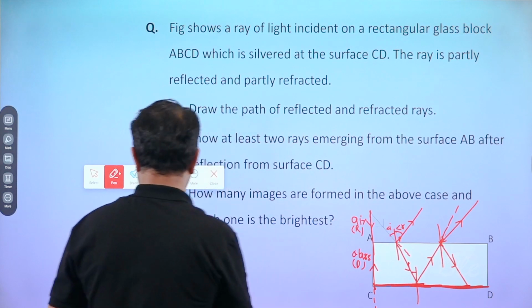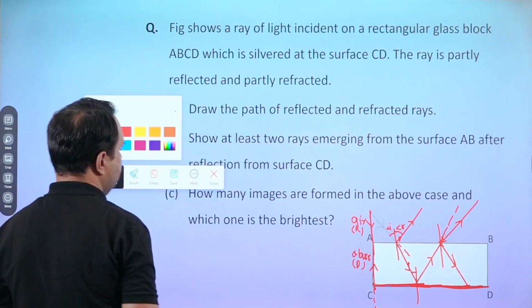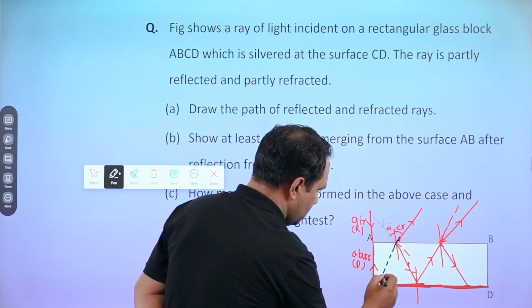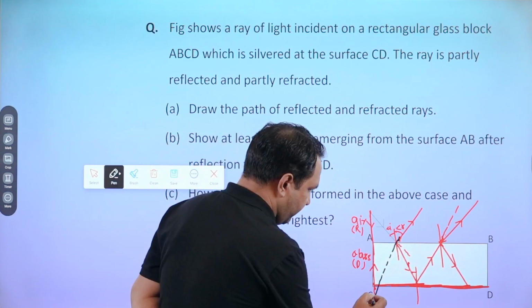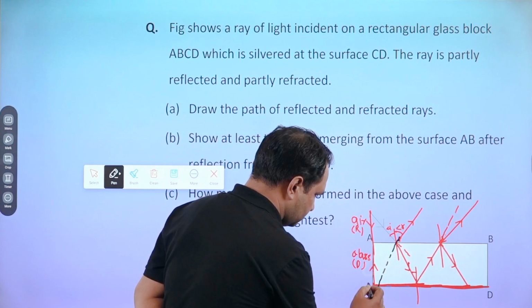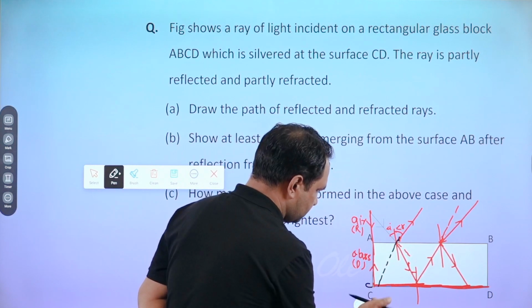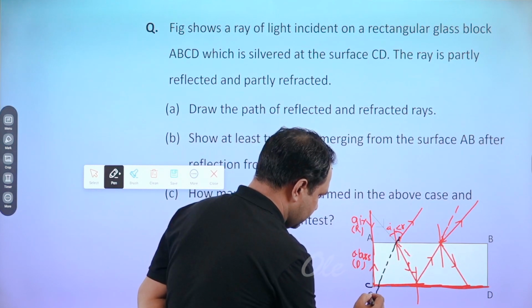So if we want to get the image, then we will extend this. So first image we will get here. This is C and suppose that this is P dash.